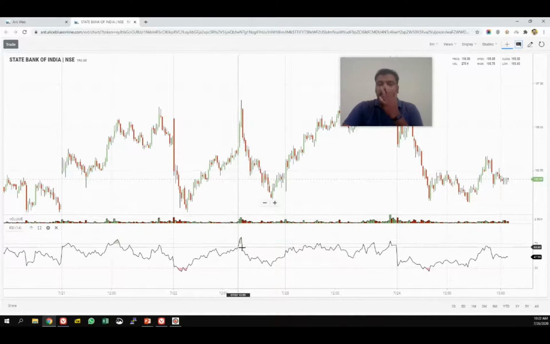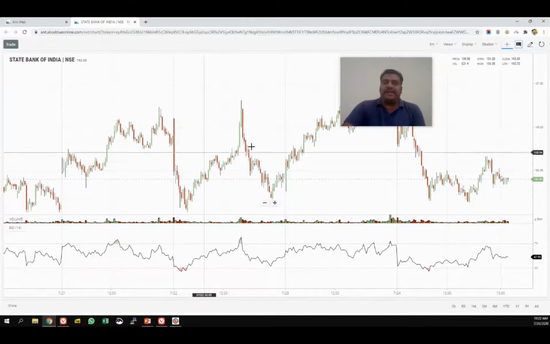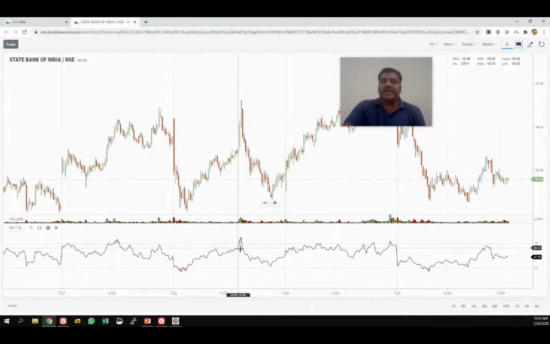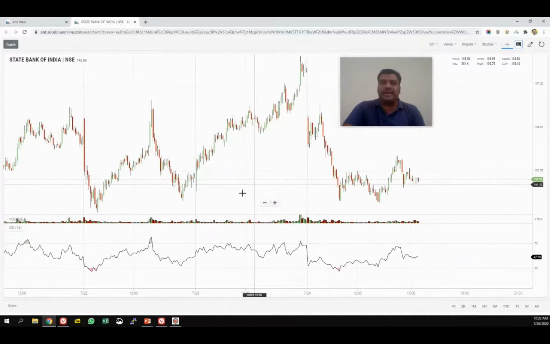And once it hits the overbought area, at one point you can see that the price comes down. So with RSI, we have two zones, oversold and overbought. You can understand how it works just by looking at this chart.